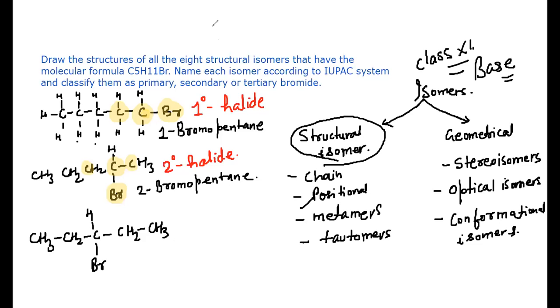Now again, this bromine is attached to that carbon atom which is linked with two more carbon atoms. So this is also a secondary halide.